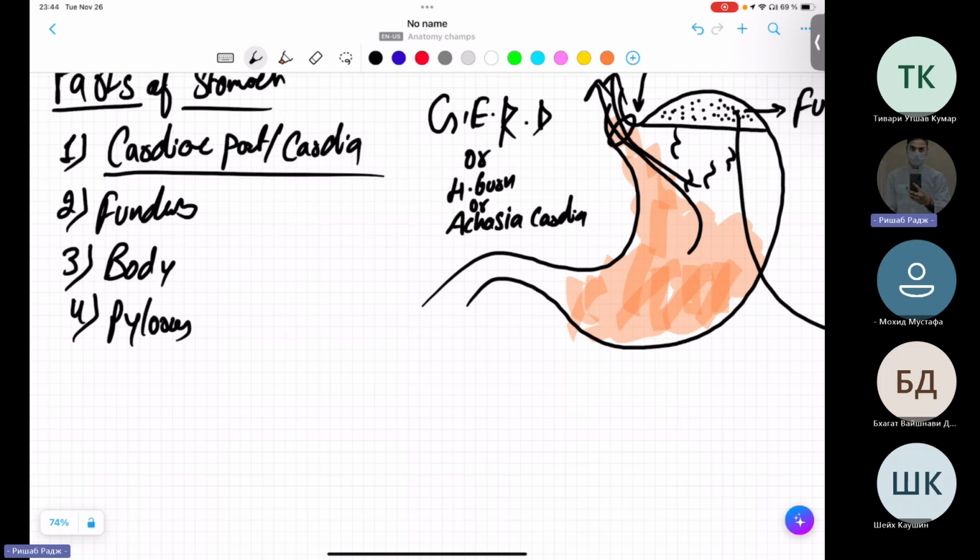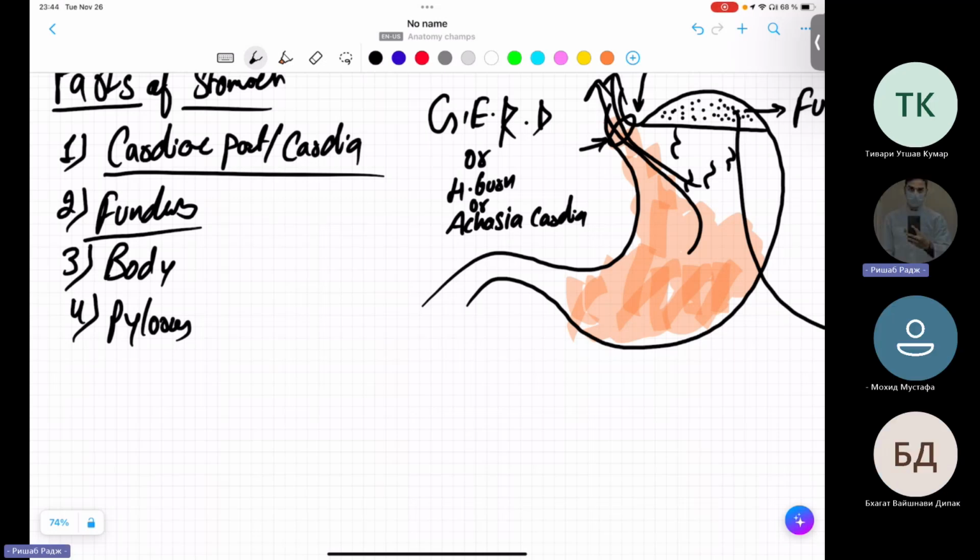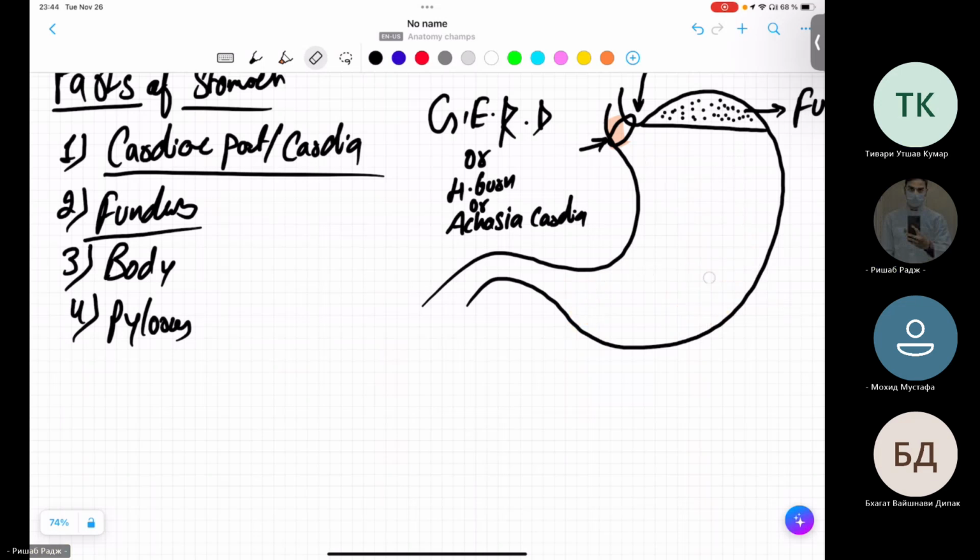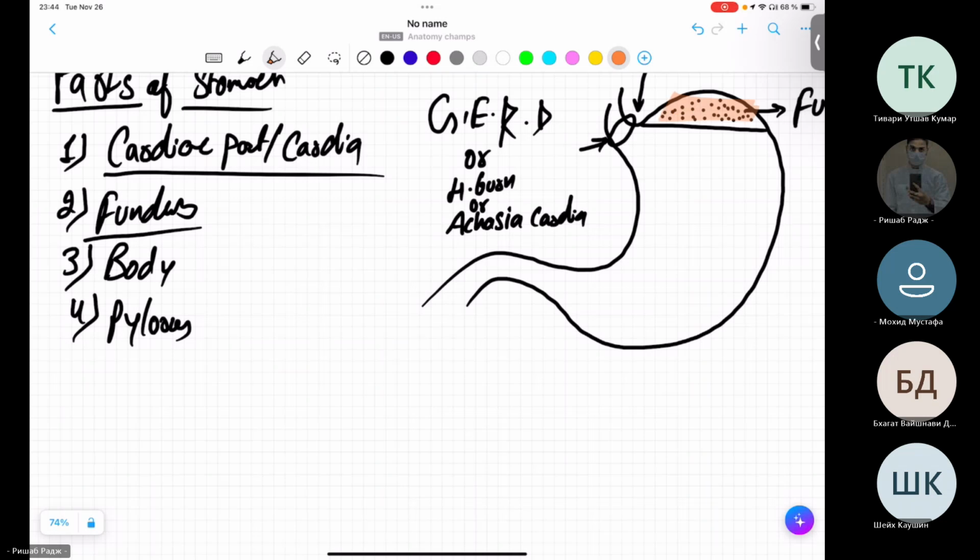Now this is your fundus. Sorry, we talked about cardiac and the fundus. Cardiac was this entry point, and we had fundus. What is left now? Let's remove them. This one done, this one done.